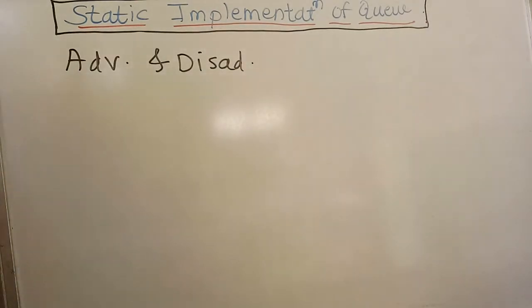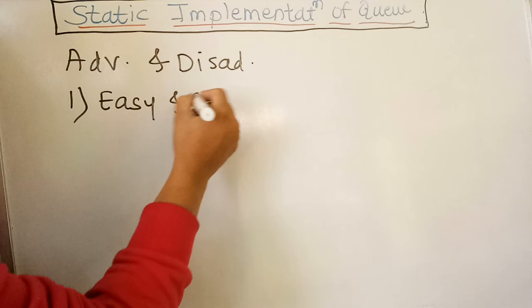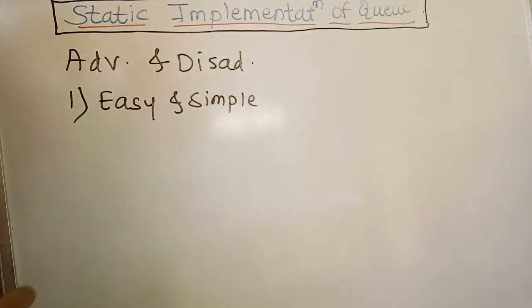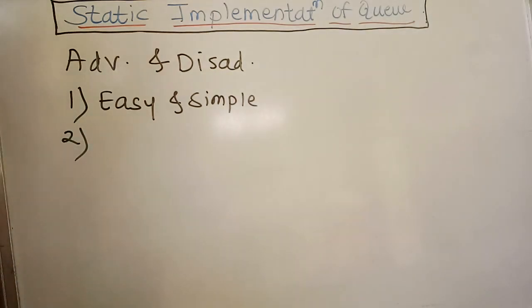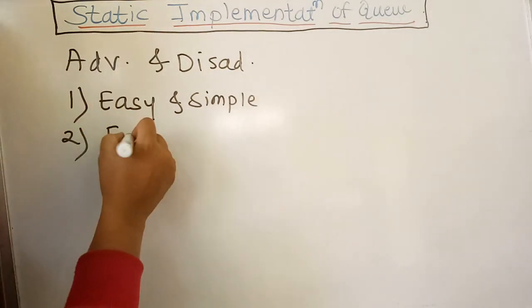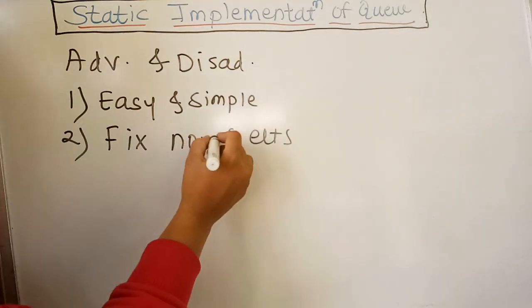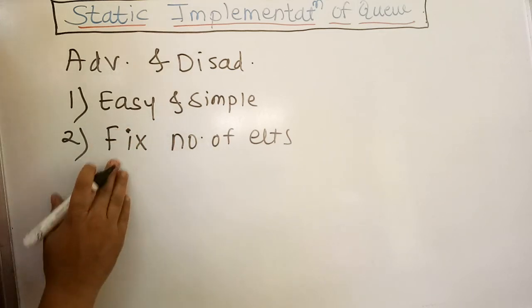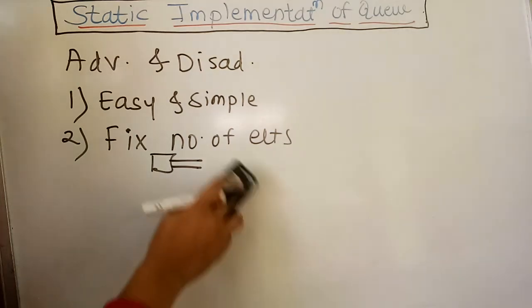Now we will see what are the different advantages and disadvantages of representing the queue as an array. First of all, implementation of a queue using an array is an easy and simple task, means there are not lots of complications here. Second, it is possible to store only a fixed number of elements in the queue. So it is an advantage and also a disadvantage, because it is fixed, means it cannot be extended further.